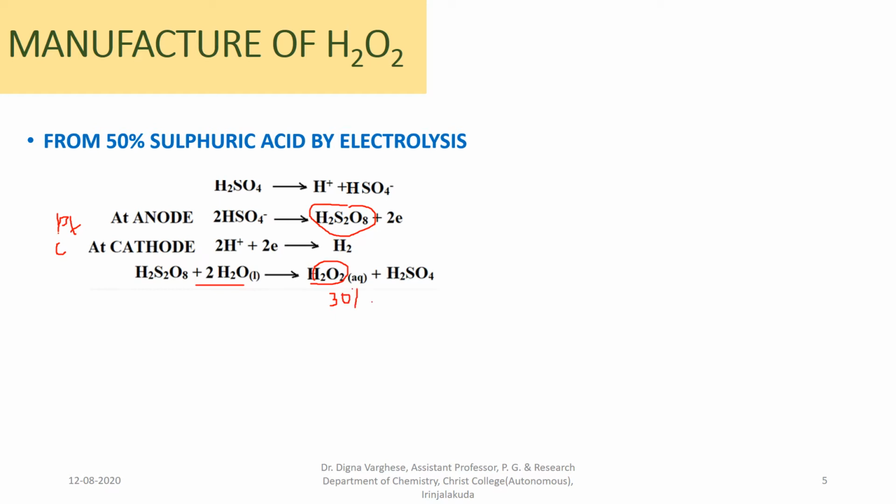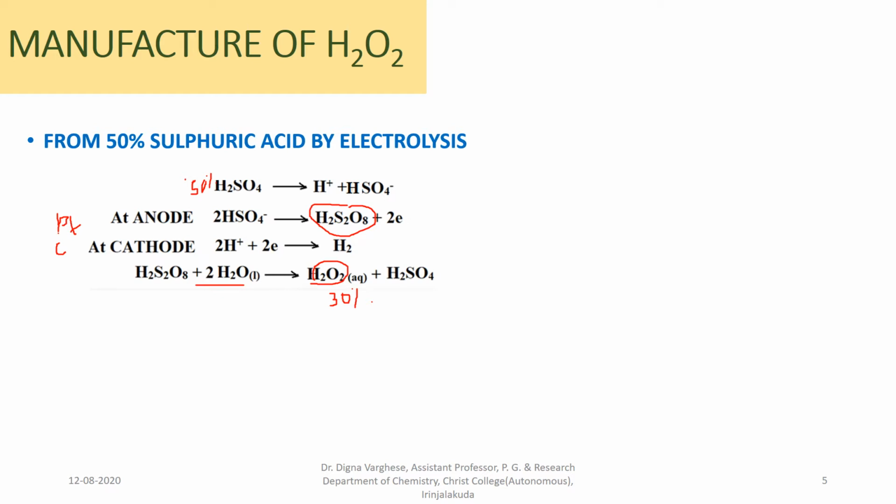That is, the method is from 50% cold sulfuric acid taken in a cell, which breaks into proton and bisulfate ion at the anode, that is at the platinum electrode.